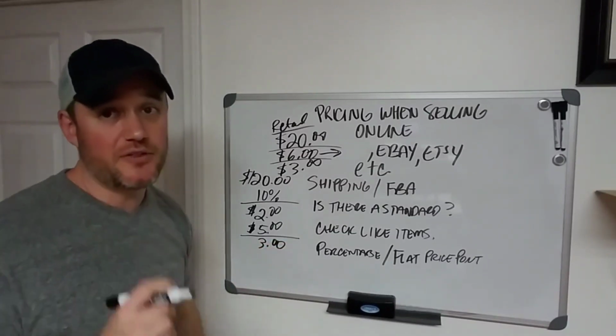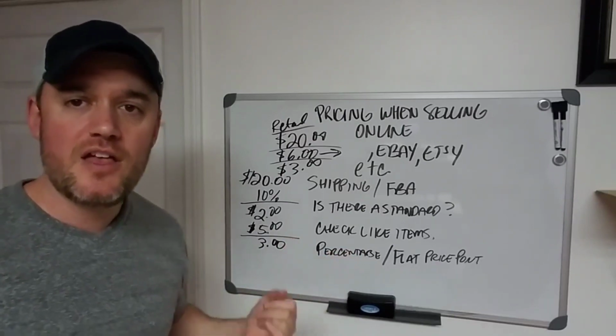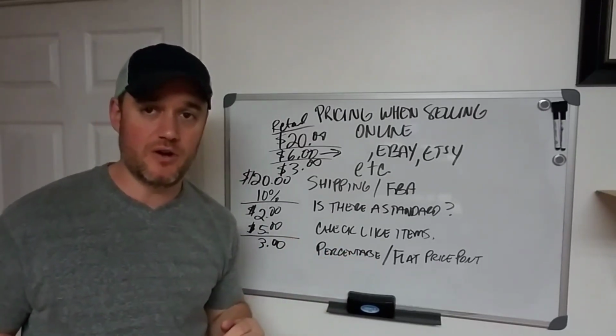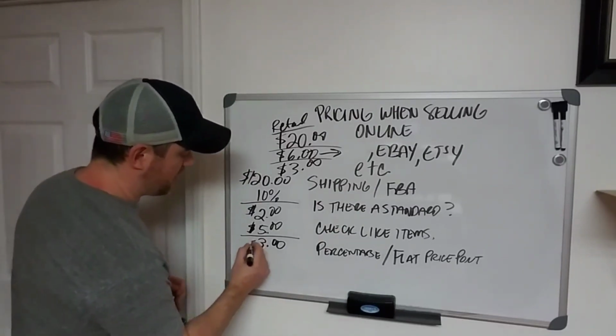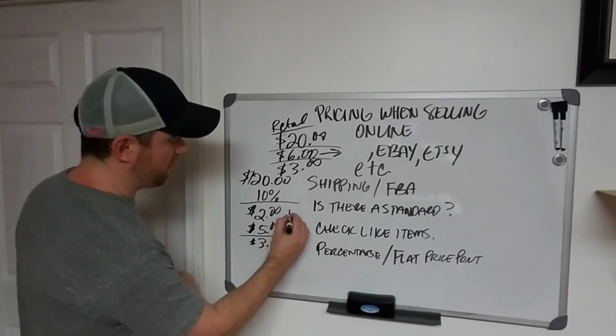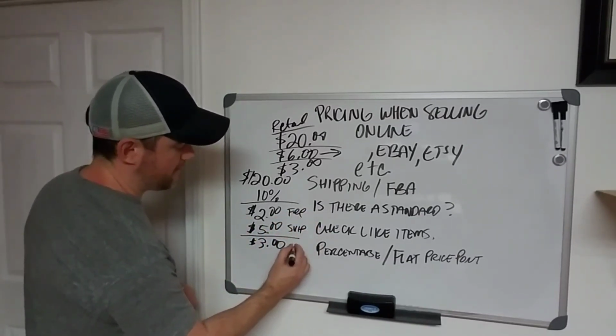So now you have to take off another $3. So now 2, 5, and 3 is 10, okay? So now 50% of your retail price point is gone already, okay? So it costs you $3 to make it, right? $2 in a fee, and then you have to ship it, okay?